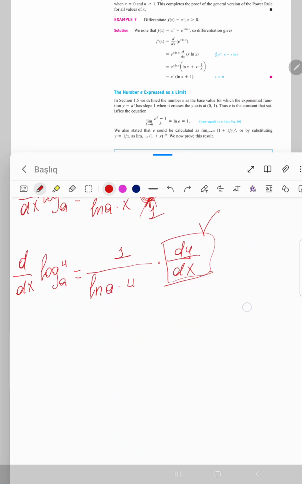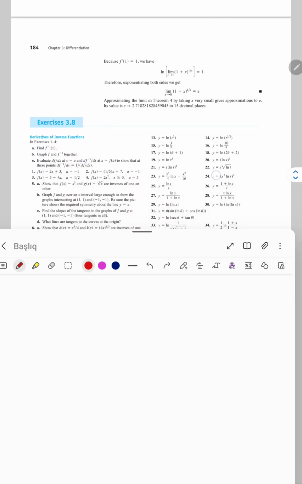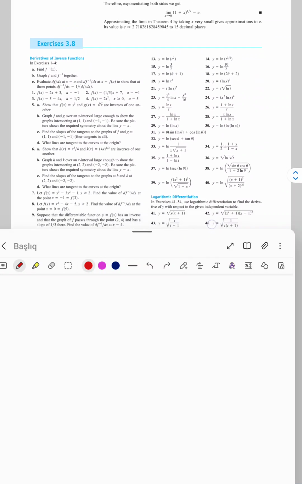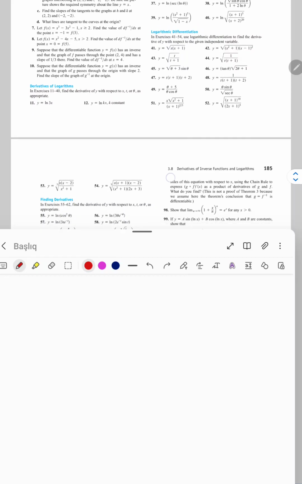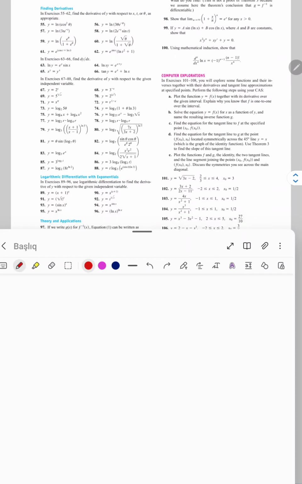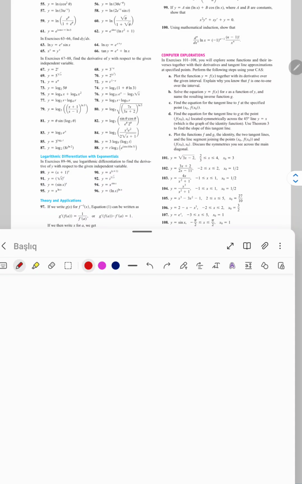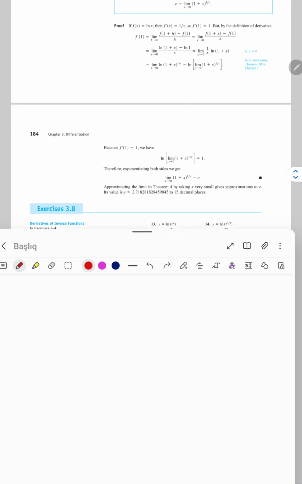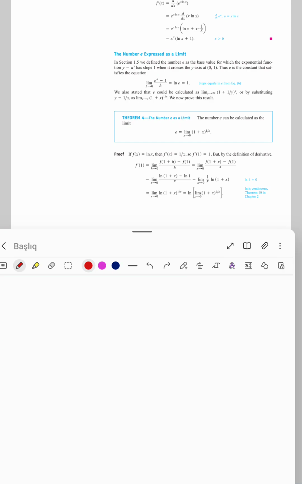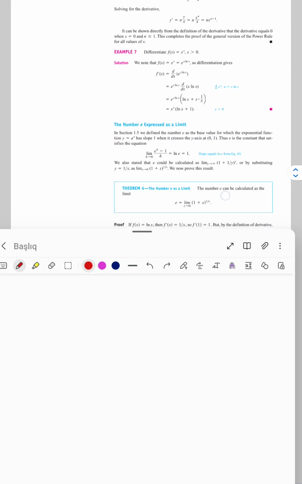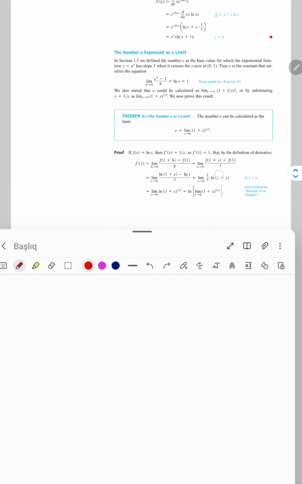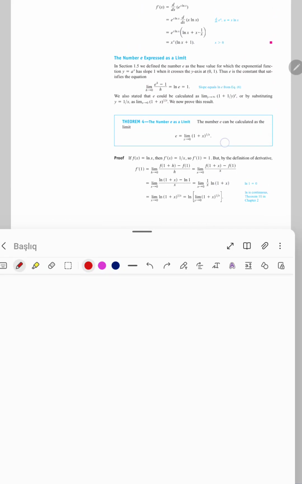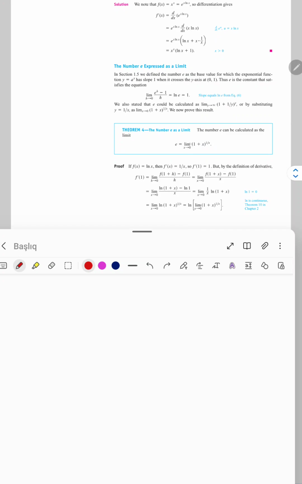It seems like I won't be able to solve problems related to derivatives of logarithms, logarithmic differentiation, finding derivatives, and logarithmic differentiation with exponentials. Because I want you to choose questions and solve them together. I think it's a much more efficient way to do it.